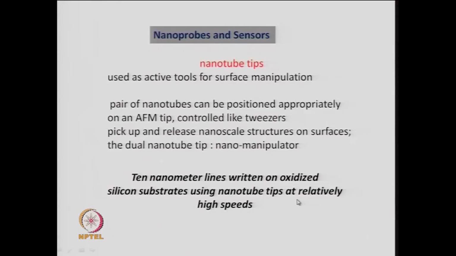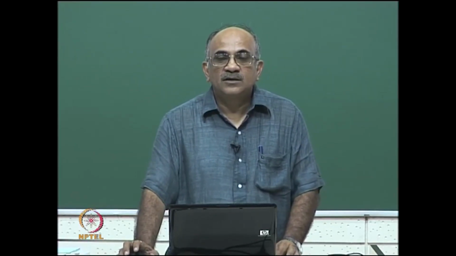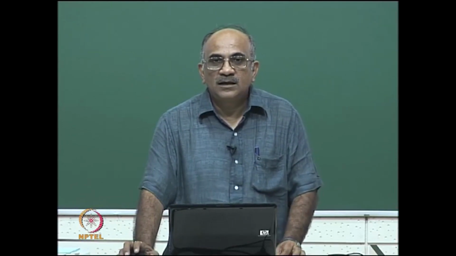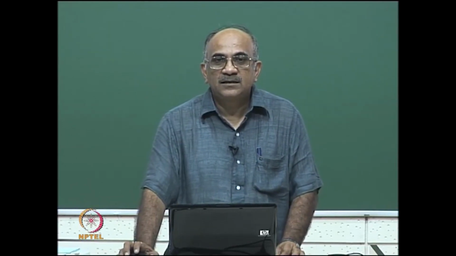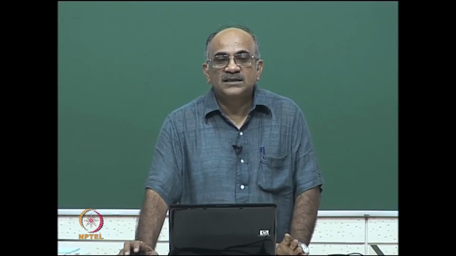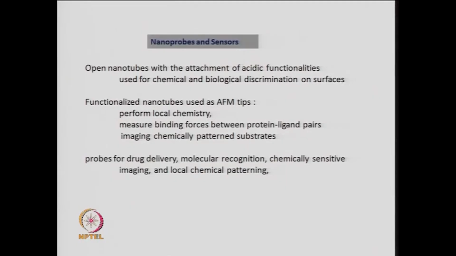And at what speed are you writing matters, because ultimately if you need to do mass production, you have to do these things very fast. You cannot take 1 hour to make a structure of a few nanometers thick line, then you cannot have a very viable technology. So, this has to be done at a very fast speed, and that has been achieved in some cases using carbon nanotubes.